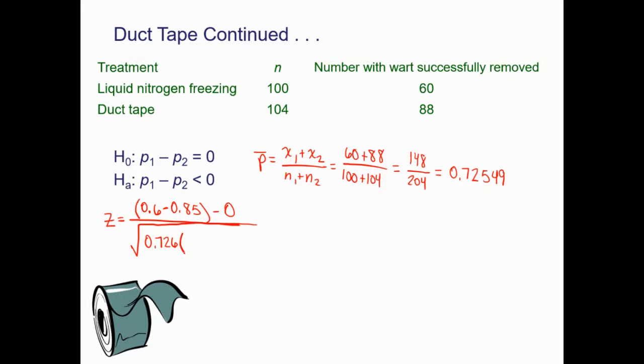That's P bar. 1 minus P bar would be 0.274. Times 1 over N1 plus 1 over N2. So if you calculate this, what do you get to 2 decimal places?